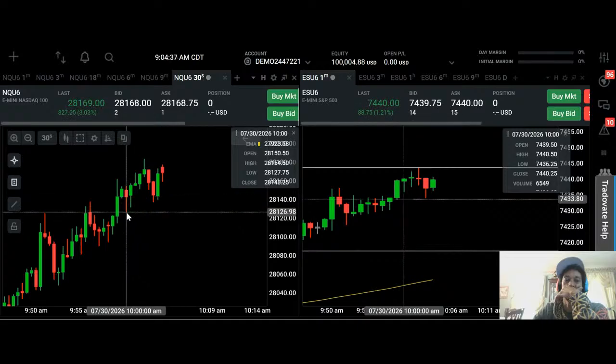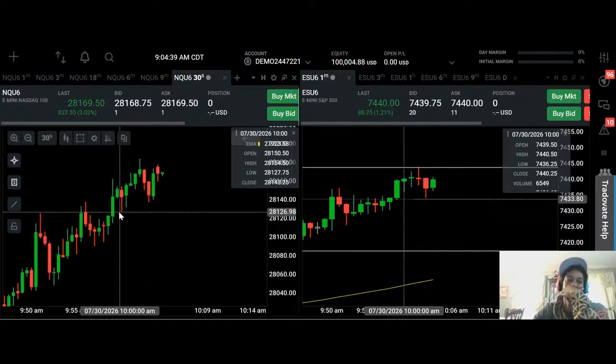I see this low right here is important, the 10 o'clock low. That's my intermediate term low, as of right now. Let's see if they want to give us this sale, bro.